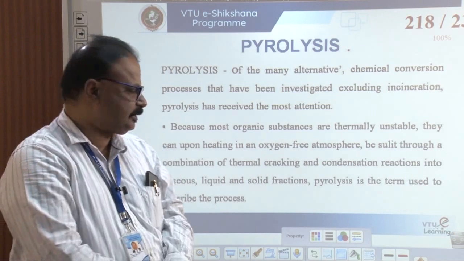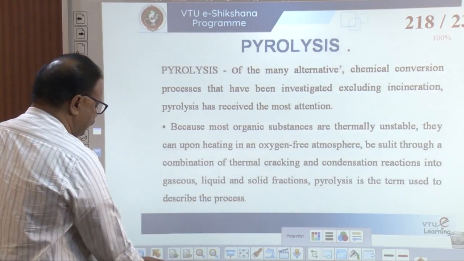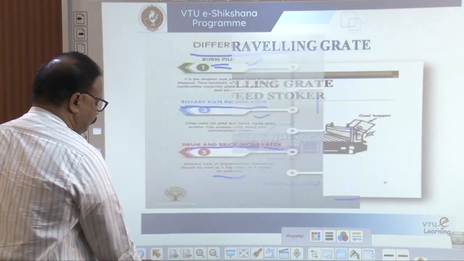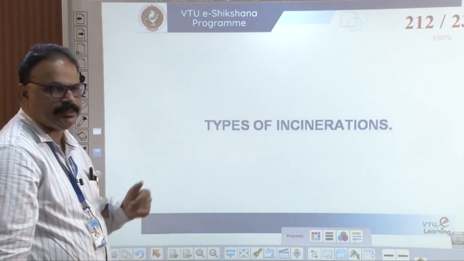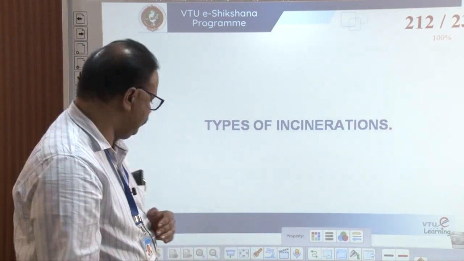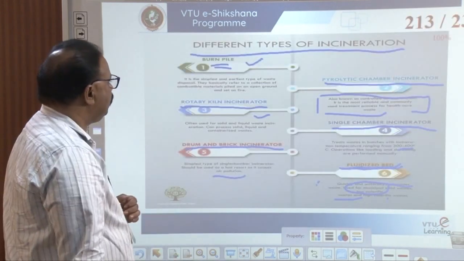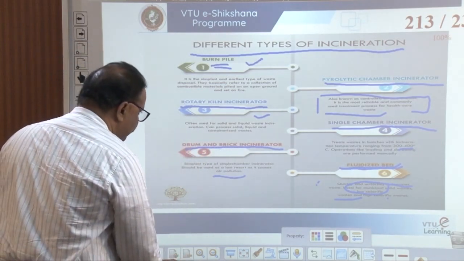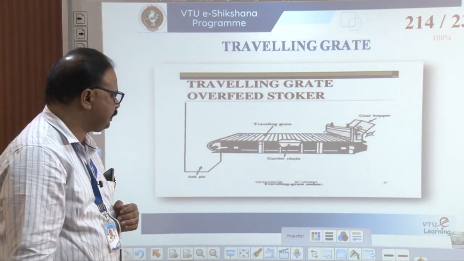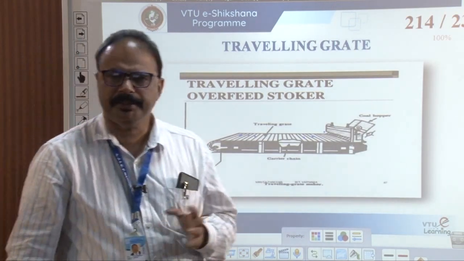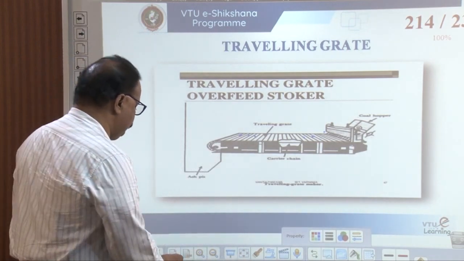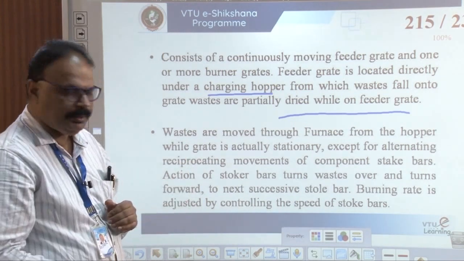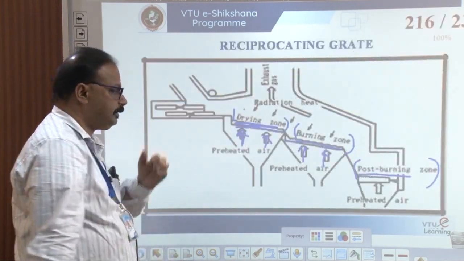Already we studied the different types of incinerator: burning pile, rotating kiln, and two images also, the traveling grate incinerator, which is used in municipalities, consisting of continuous movement, and the reciprocating incinerator.